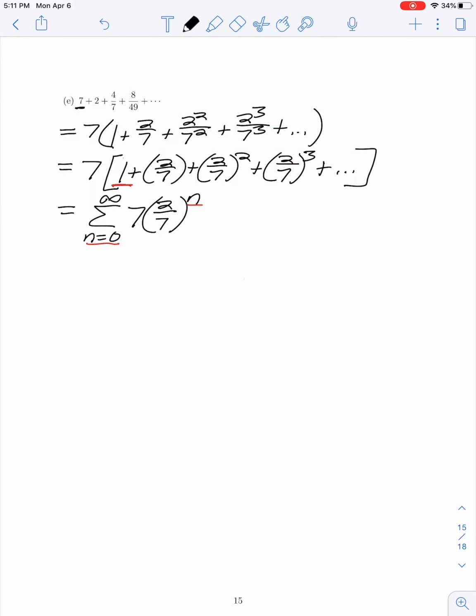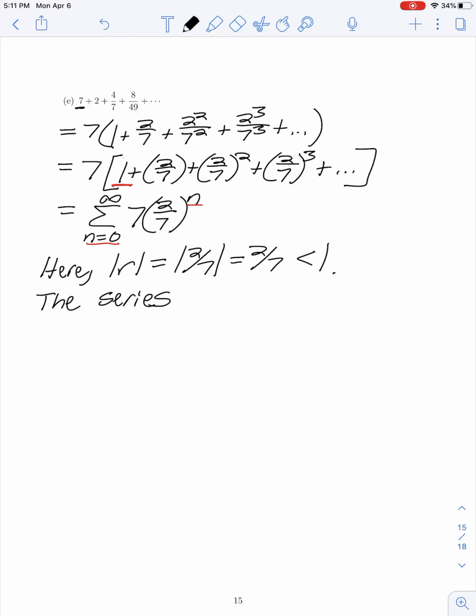So we recognize this as having the standard form of a geometric series, and to determine whether this converges or diverges, we would be looking at the absolute value of the ratio r. In this case, 2/7, which is less than 1. So since the absolute value of our ratio is less than 1, we know the series converges by the geometric series test.